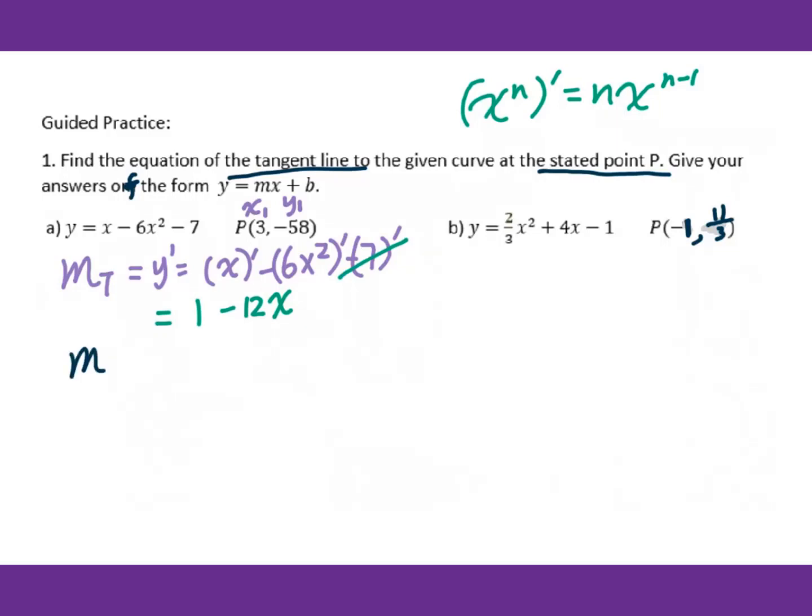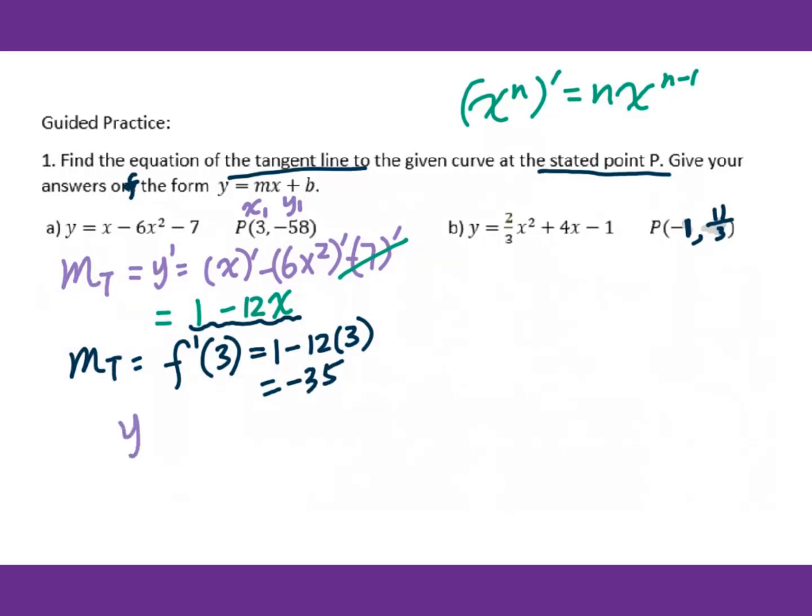Then slope of tangent line equals f prime of 3. So we plug 3 into this derivative function to get the slope. 1 minus 12 times 3 equals -35. Therefore, we get y plus 58 equals -35 times x minus 3.